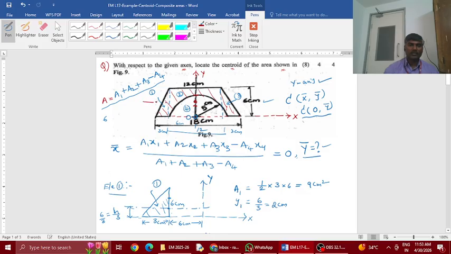So the centroid is at this location. This is X bar of this hatched area, and this Y is nothing but Y bar of this area. So this is the centroid location, and this height is 3.325 centimeters. This is how you need to practice locating the centroid for composite areas.